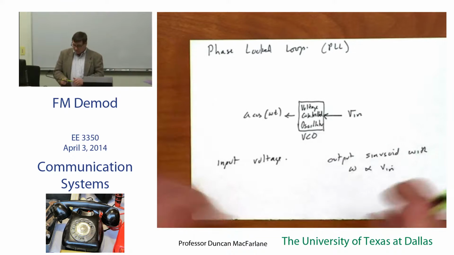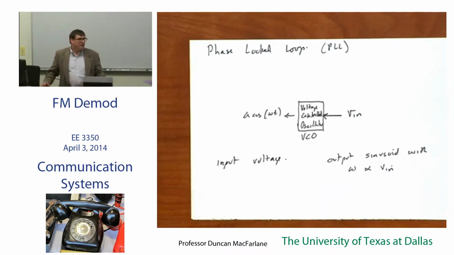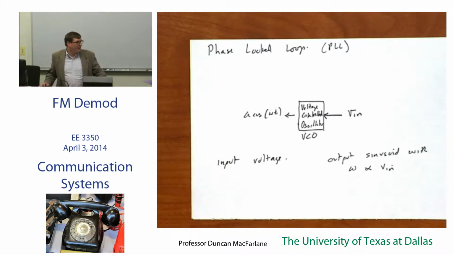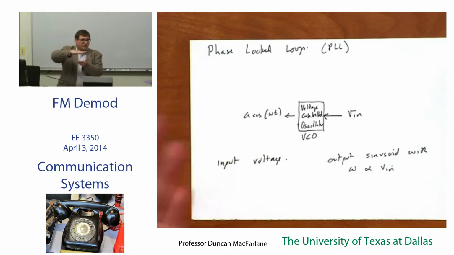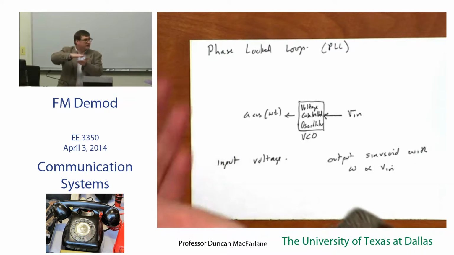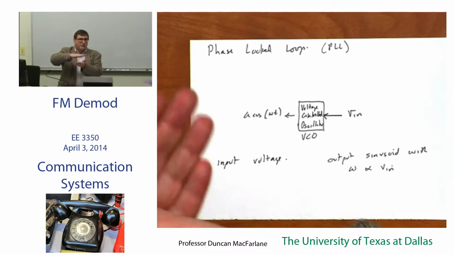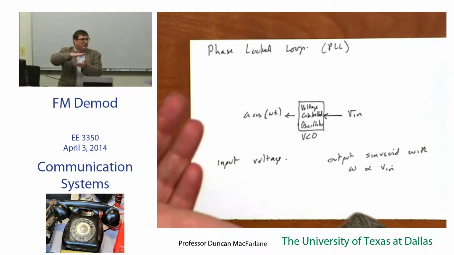Now just to give you an example of this, think about a crystal oscillator. In a crystal oscillator you have a little, say, piezoelectric crystal, and you apply a voltage on that crystal, and the voltage will change the stiffness of that piezoelectric crystal. The crystal will oscillate at, say, the square root of K over M, the spring constant over the mass.